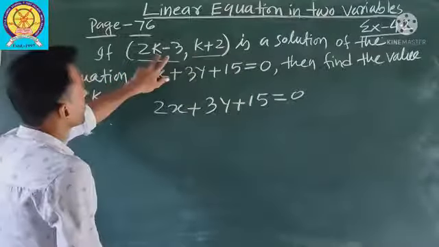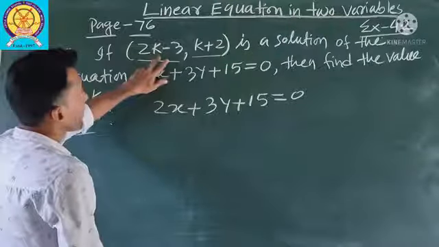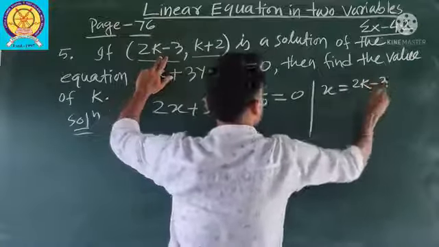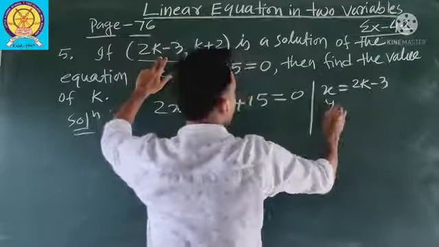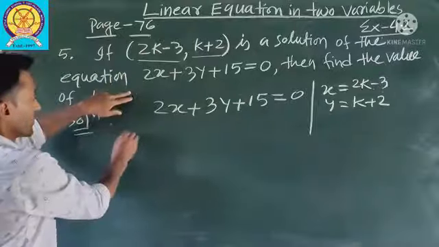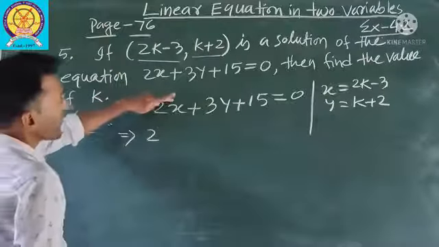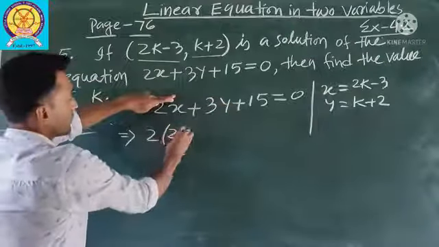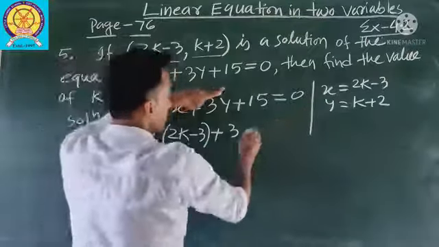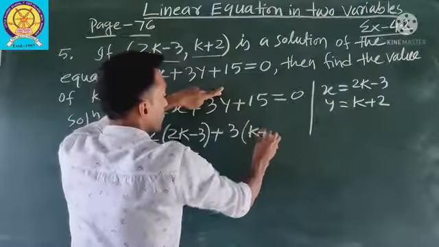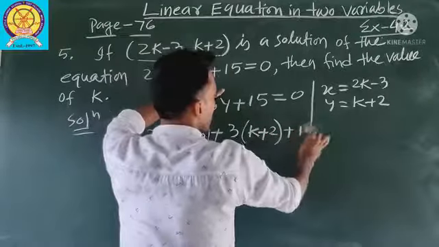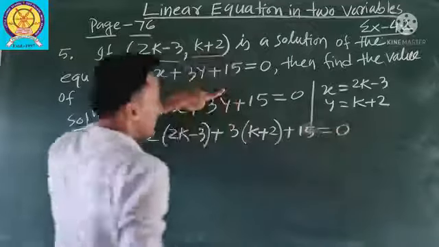This is your solution. This one is the x value. X is 2k minus 3. Y is k plus 2. So 2 into (2k minus 3) plus 3 into (k plus 2) plus 15 is equal to 0.